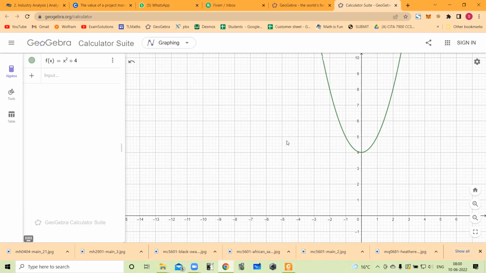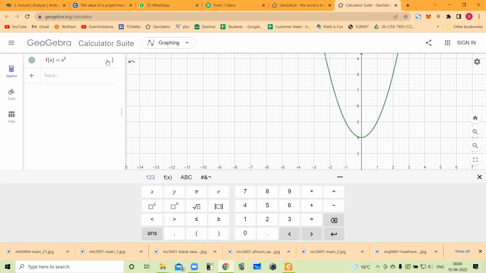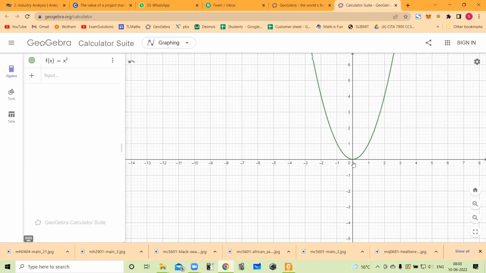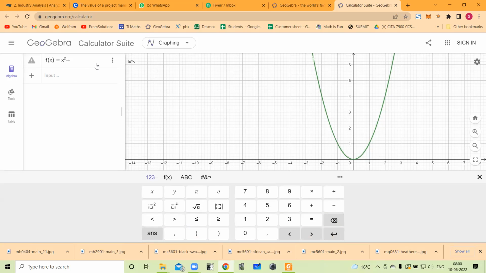But a parabola which is touching the x-axis will have one solution, because it is touching the x-axis at one point. For example, this one has one solution, x is 0. But if it is like x squared minus 16, sorry, minus 16.